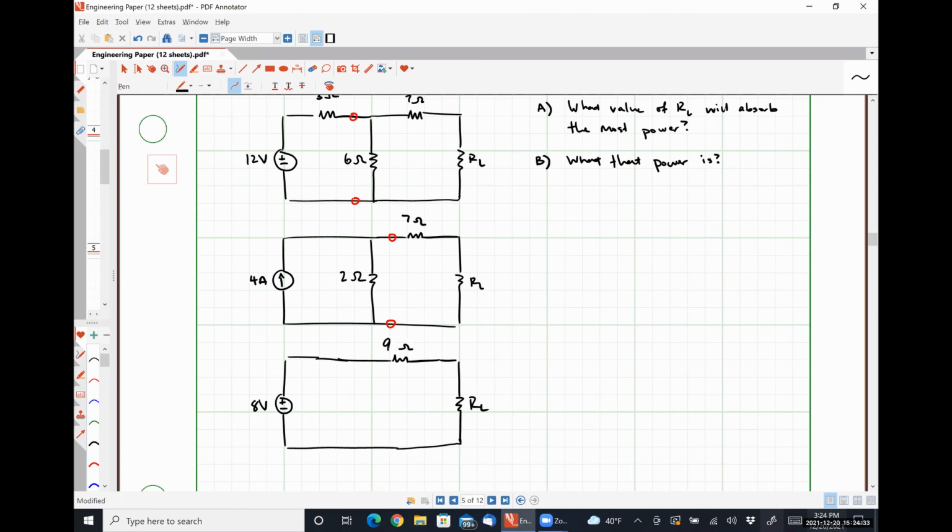So we're now able to answer question A. What value of RL will absorb the most power? Jessica.